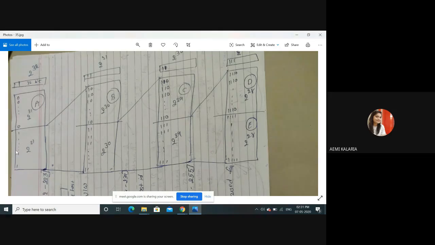After that, for this 1 1 1 1, if I further divide it, if I put 0 over here, and in the other half of the network I put 1 over here, then whatever 1 0 is there, the constant bits are 1 0, and all the remaining bits are variable, you can change them. If I keep this 1 0 constant, then it will be class B. So the total number of networks possible in class B is 2 raised to 30.